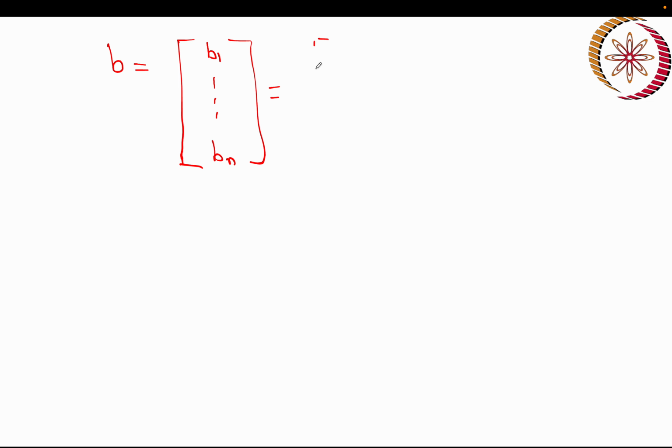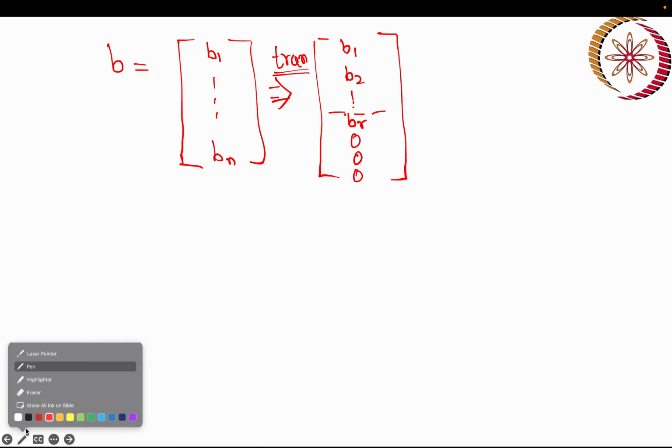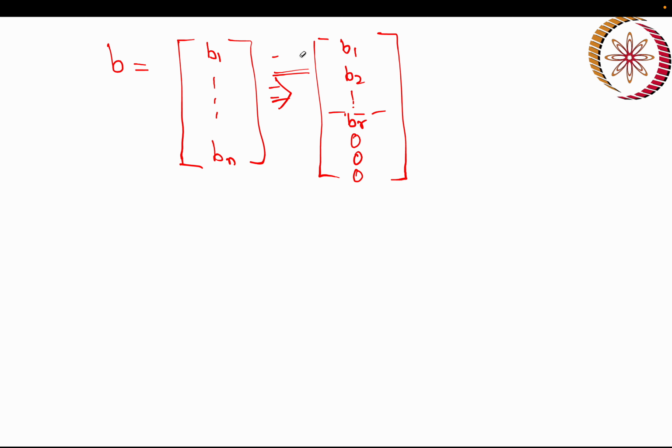So what we want, let's say, is to keep b1, b2 up to br, and after this br, we want all terms to be 0. So this transformation we want. So in order to get this transformation, what matrix should we use?